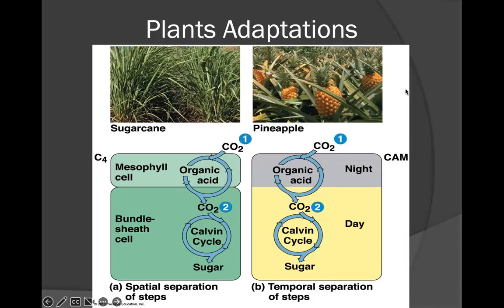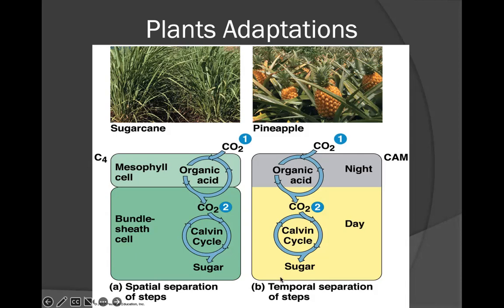So certain plants have some special adaptations, right? We kind of talked about this when we watched the Amoeba Sisters video about the cacti and how they open their pores at different times. So for our sugarcane, we have the C4, and you can see the mesophyll cell and the bundle sheath cell. So these are some different cells, and this allows for spatial separation of steps.